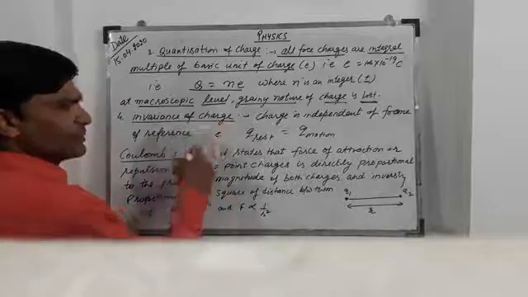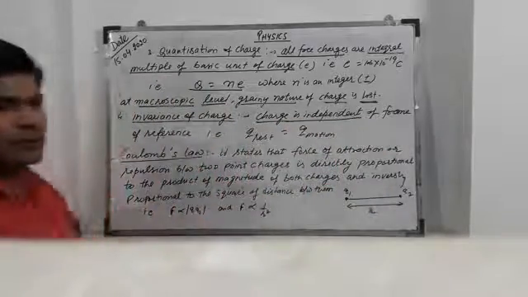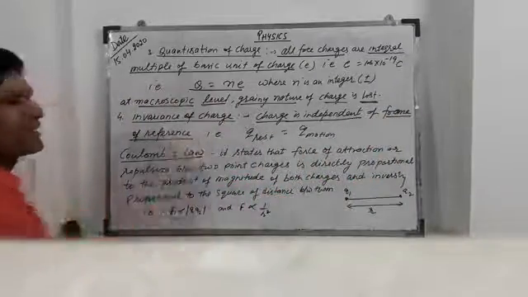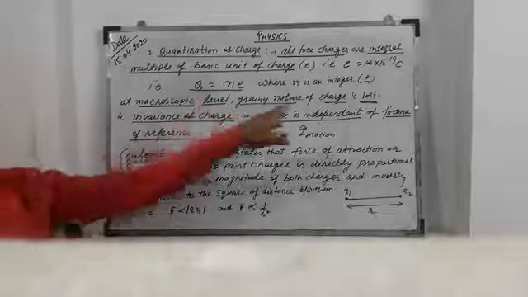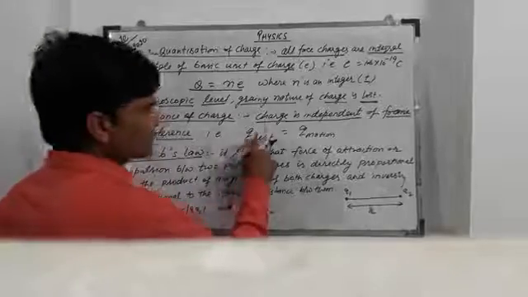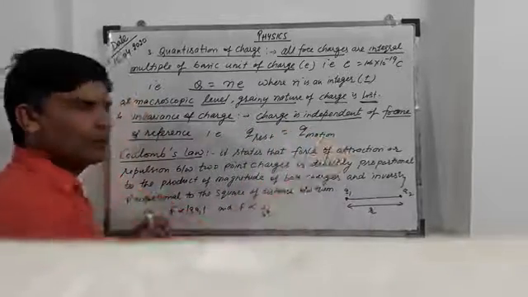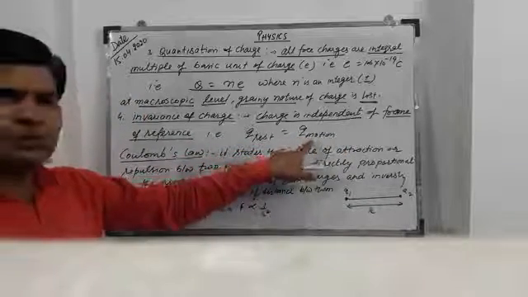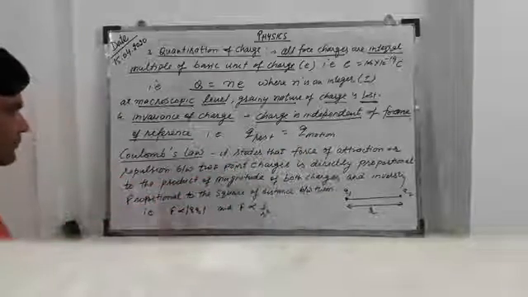Invariance of charge means charge is independent of frame of reference. It does not depend on frame of reference. That is, q at rest is equal to q in motion. If a charged body is in motion, then there is no effect on charge. Okay.